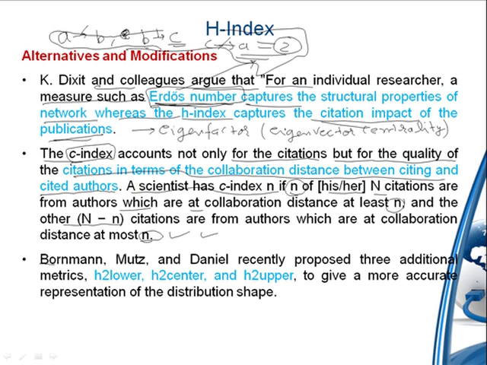Now other modifications were suggested by Borman, Mudge and Daniel, who recently proposed three additional metrics, H2 lower, H2 center and H2 upper, to give a more accurate representation of the distribution shape.